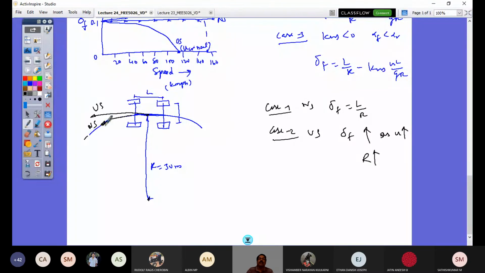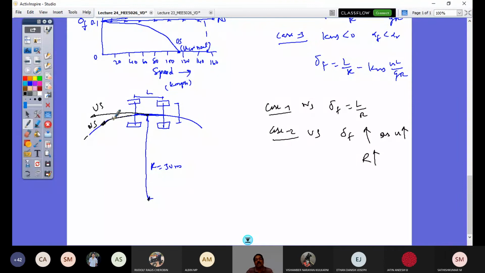For the turning radius to be constant, what is required? You are supposed to give the correction steering. You have to steer more to bring it back, to compensate for the increase in R. That is important, right?